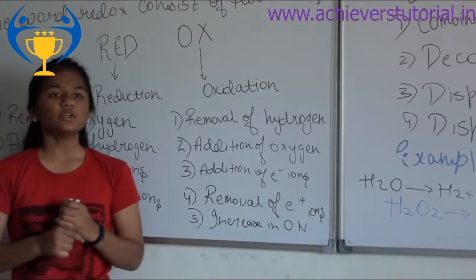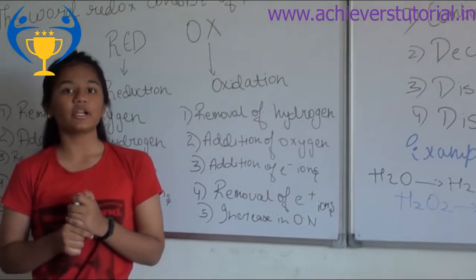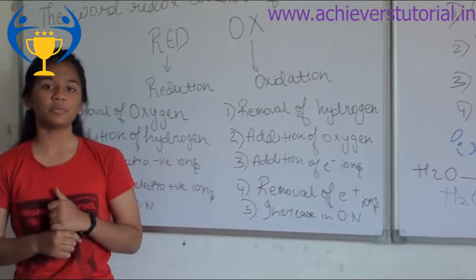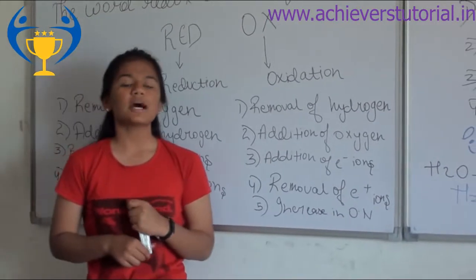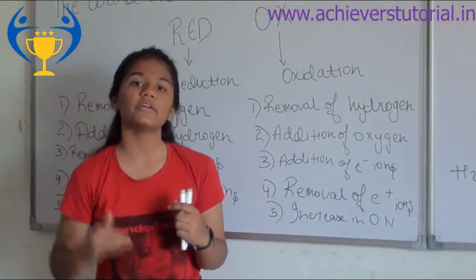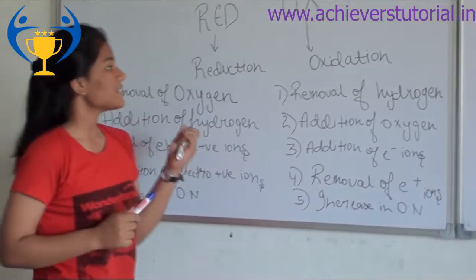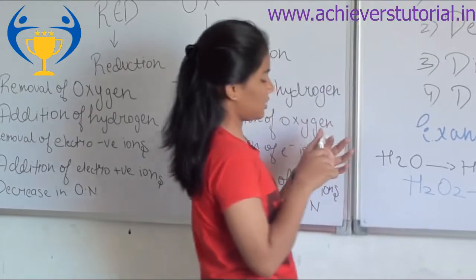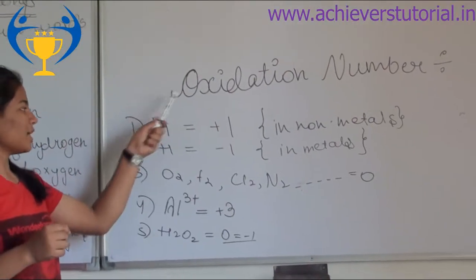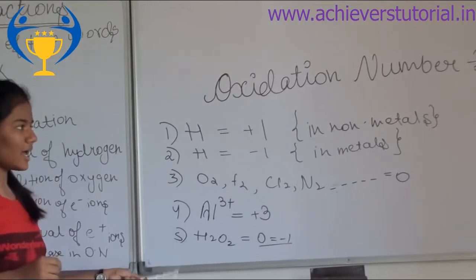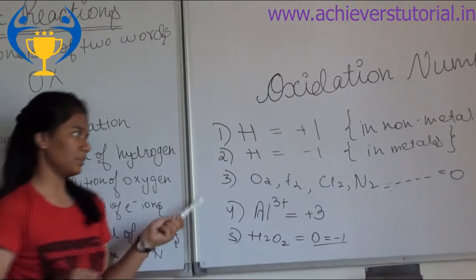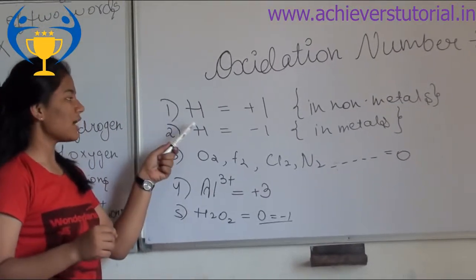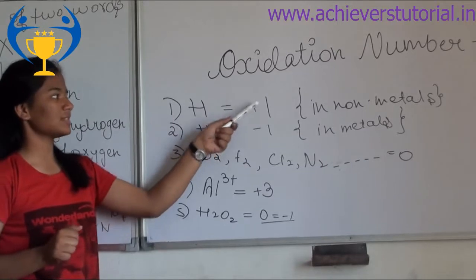Now I will tell you about oxidation numbers. There are some criteria to calculate the oxidation numbers. First of all, the oxidation number of hydrogen is +1.